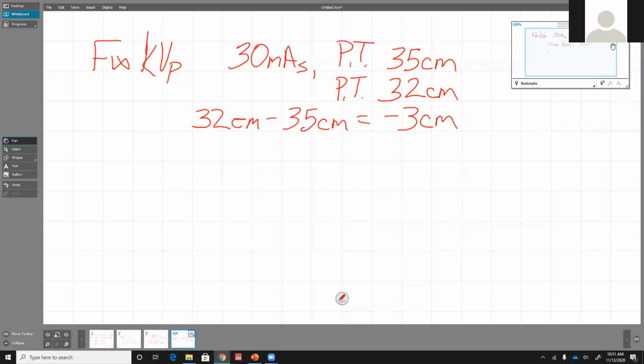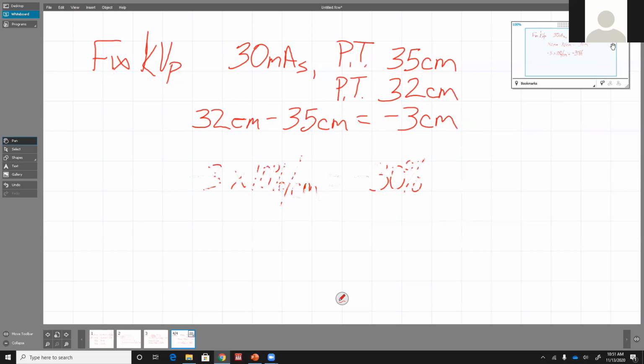Take negative 3 times 10% decrease, or 10% per cm, equals negative 30%.